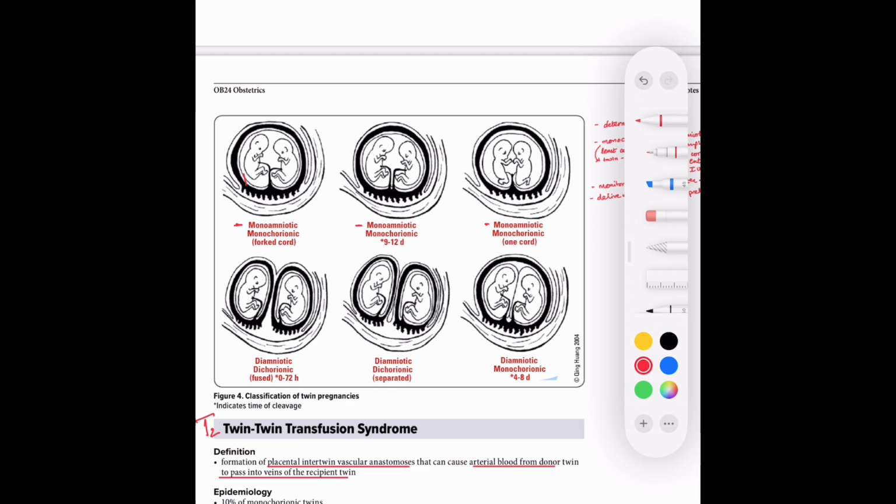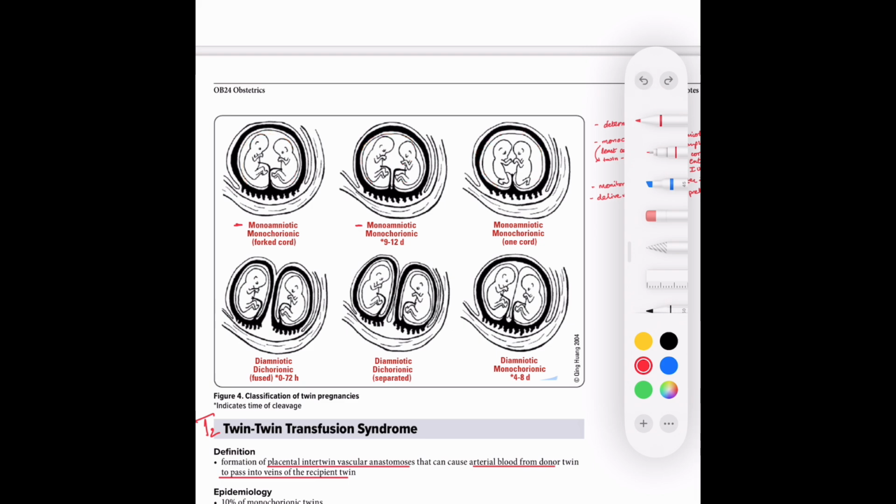So the ones which have 1 sac. Twin B doesn't want to be left alone behind. They want to go out together, or even one by one, but quickly, right? We cannot risk them because they are in 1 amniotic sac. So cesarean delivery for them.